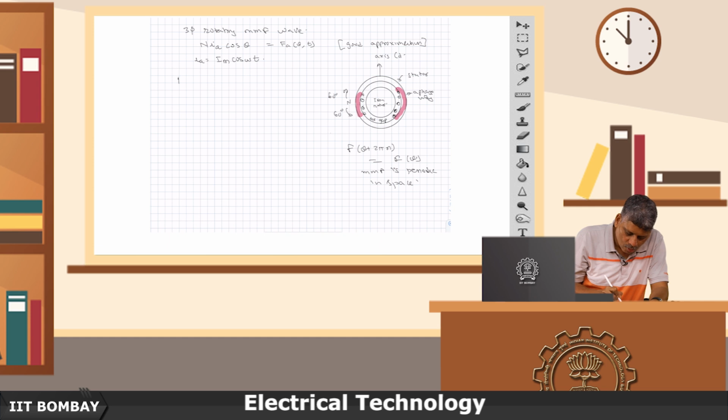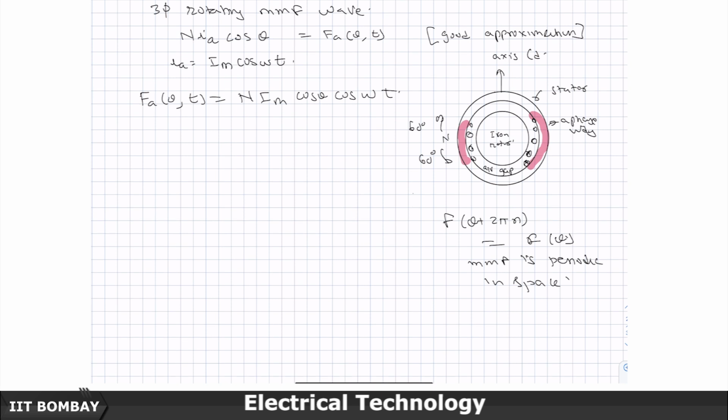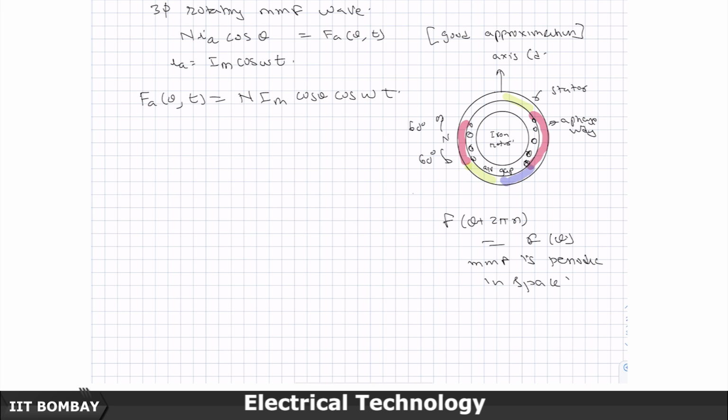I can write now F_A(θ, t) as N I_m cos θ cos ωt. And then if you recall, we had said that in Y the next winding is going to be some 60 degrees here and it is going to be somewhere here, and then I will have the last one of it sitting here.